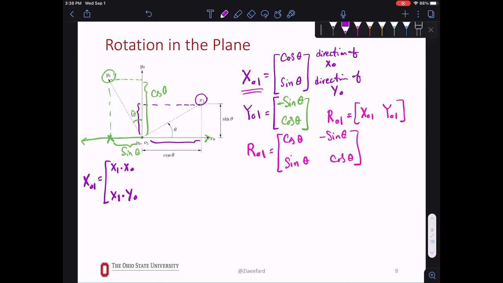Now, if this was 3D, what do we add to this matrix? What does the 3D axis have in addition? Z axis.